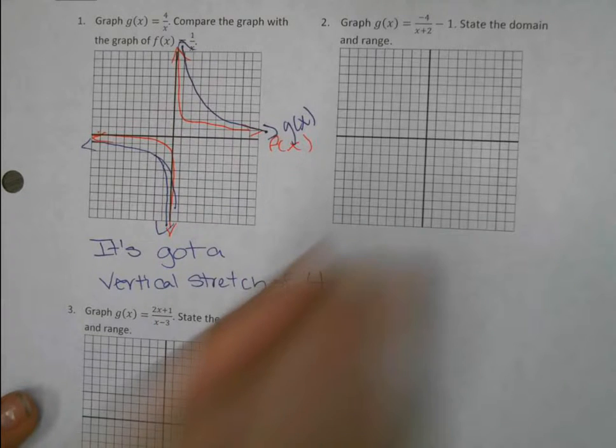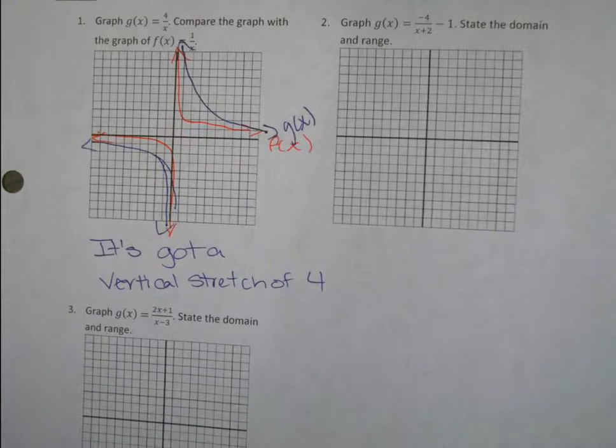Those are a vertical stretch of 4, because it's like more pulled out. Questions on number 1.